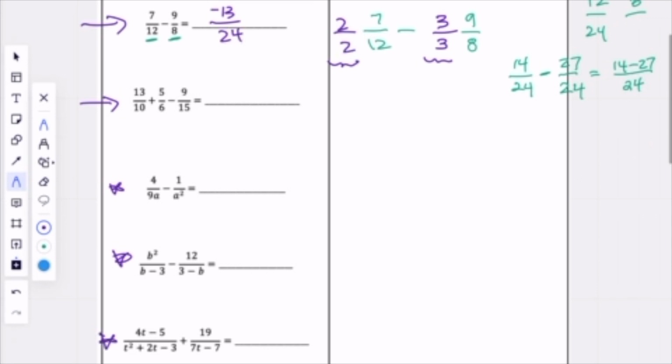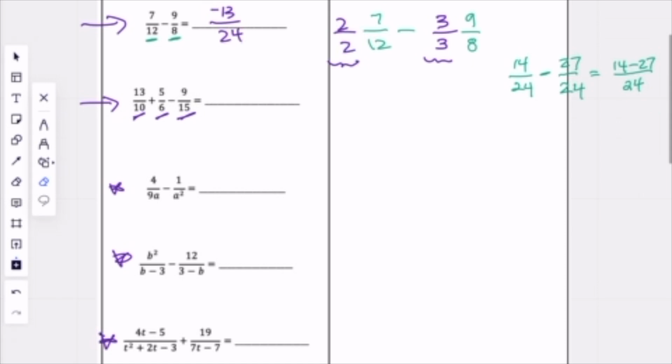Okay, just saying. Okay, so if I'm looking at this second example, I have denominators of 10, 6, and 15. Thinking about what are common denominators here. 10 is not a factor of 15. 6 is not a factor of 15.